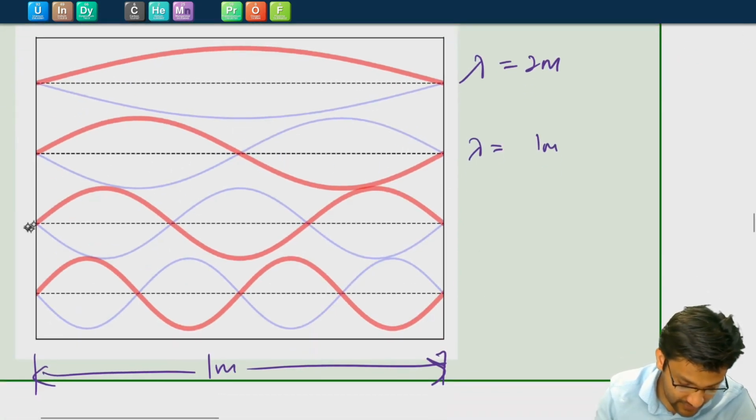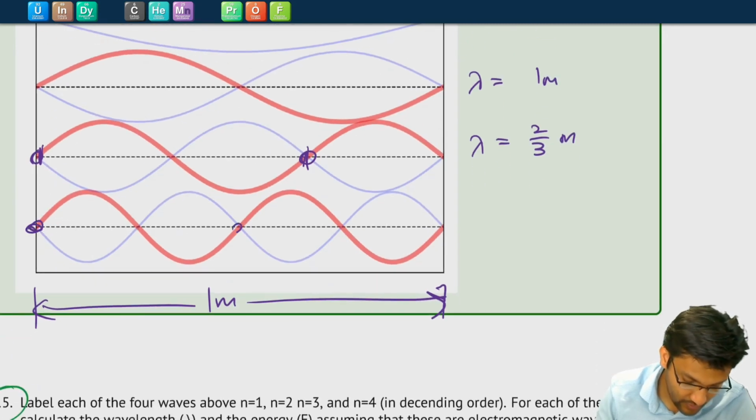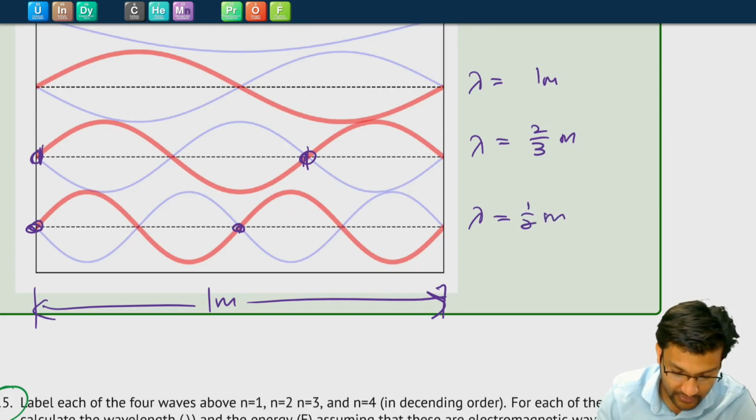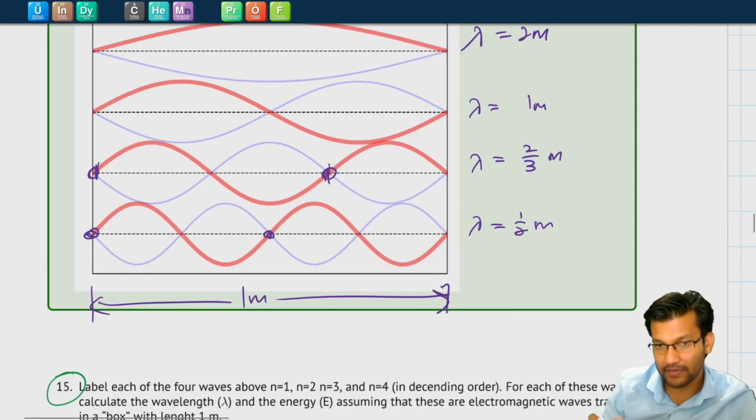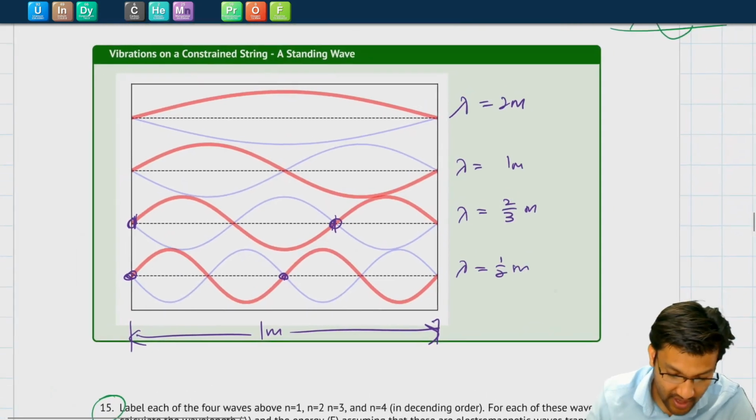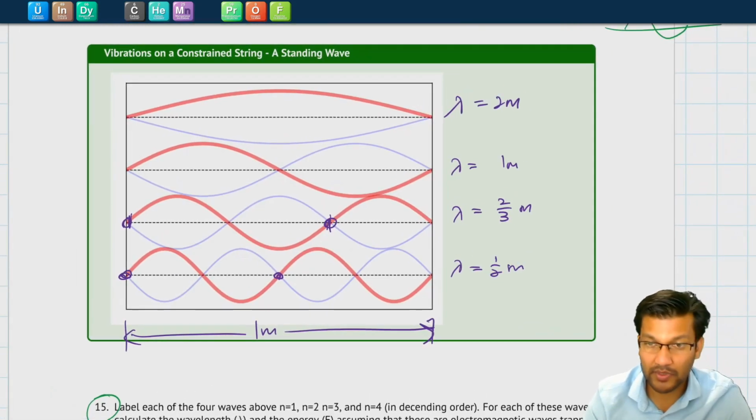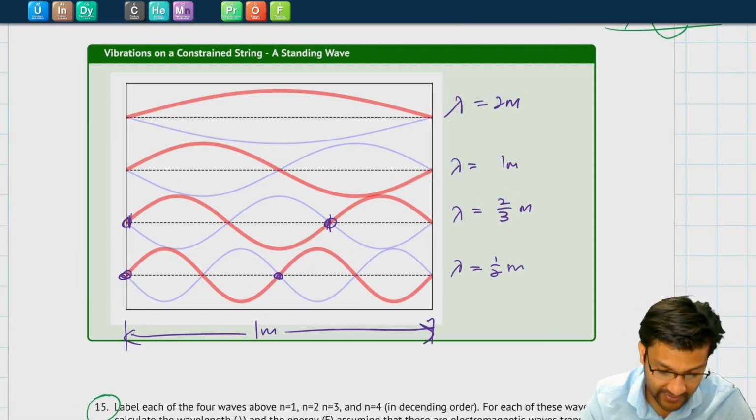This third wave will have a wavelength of, it looks like, 2/3 of a meter. And this fourth wave here will have a wavelength of exactly half of a meter, because there's 2 waves in this box. And you can fit more and more waves in this box. All of these are possible solutions for fitting waves into this box.